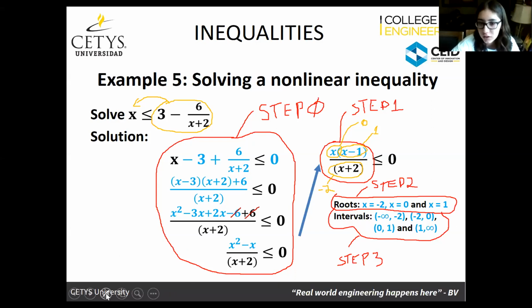And then the number you just used with the next one. And since there are 3 roots, you use the previous number you just used with the next number, and then the last number with infinity.